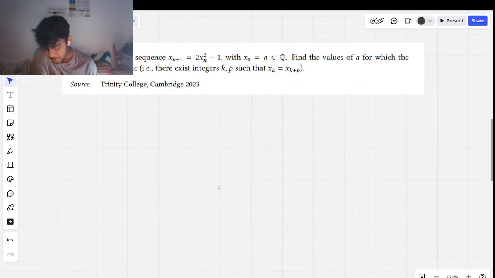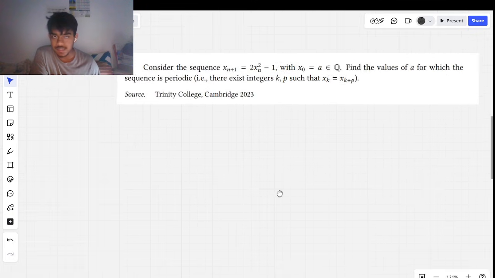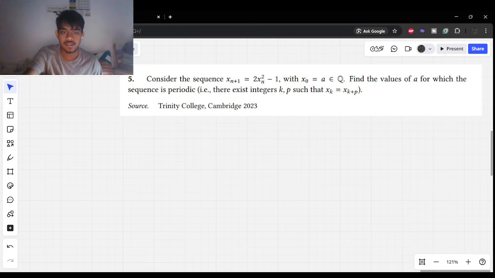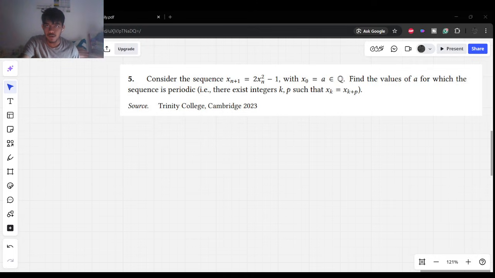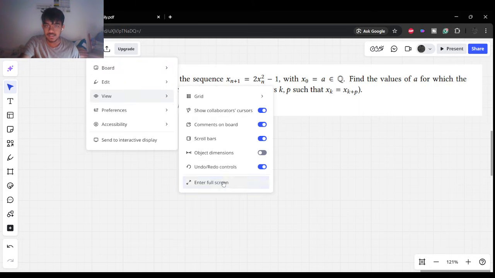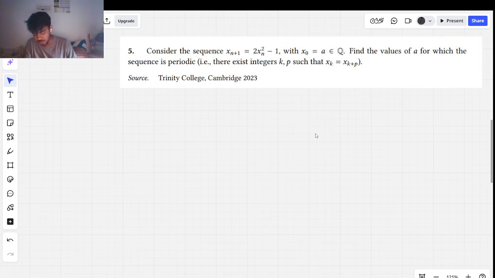We're dealing with periodicity of a sequence. Now, every time I see sequences like these, I think the first thing to do is to enumerate some of the terms in the sequence. So I'm going to do just that.